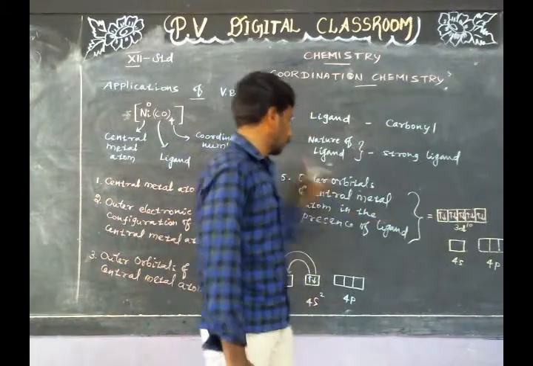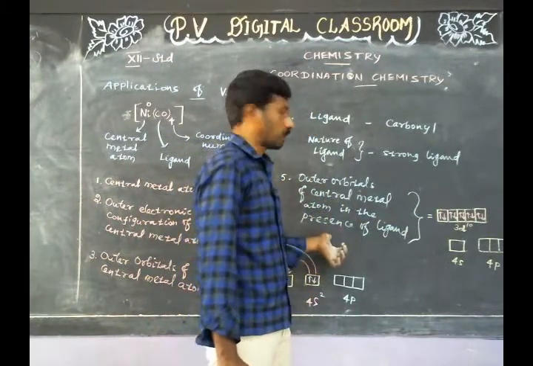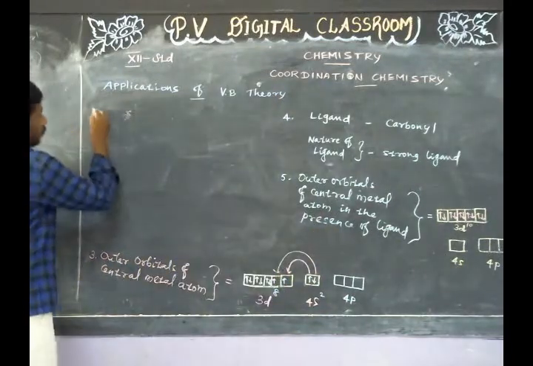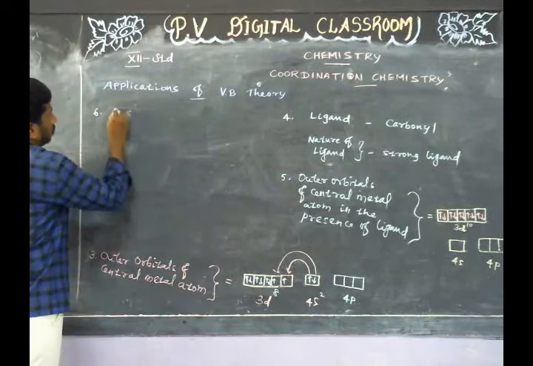These are the outer orbitals of the central metal atom in the presence of ligand. Then coordination number and hybridization.